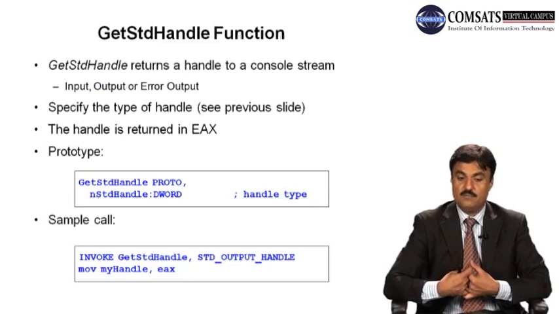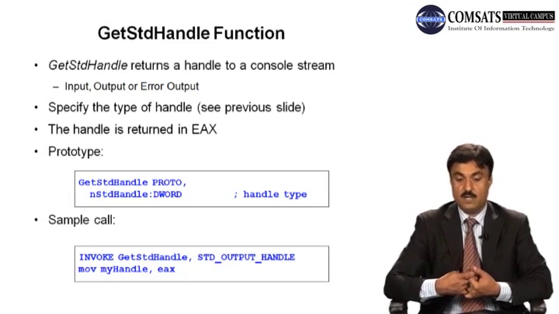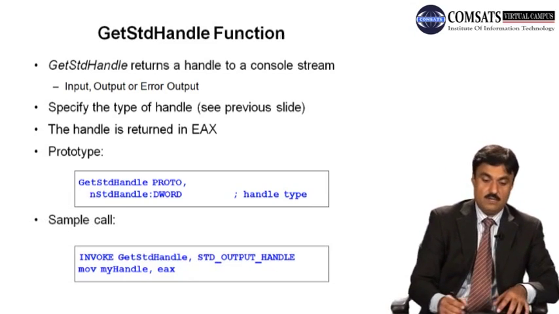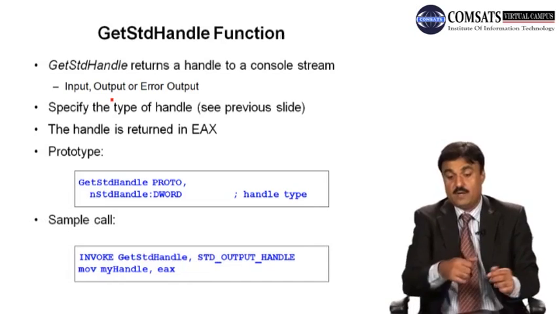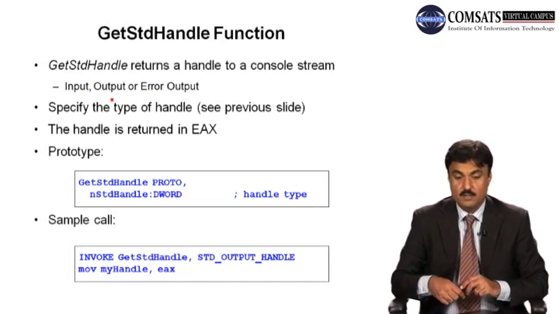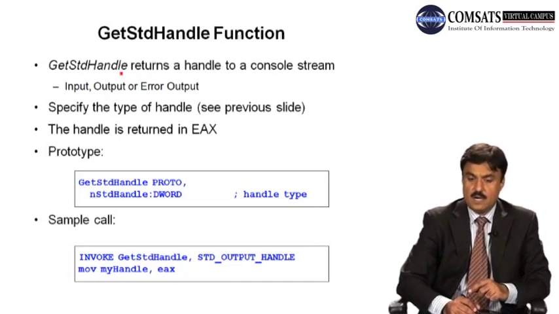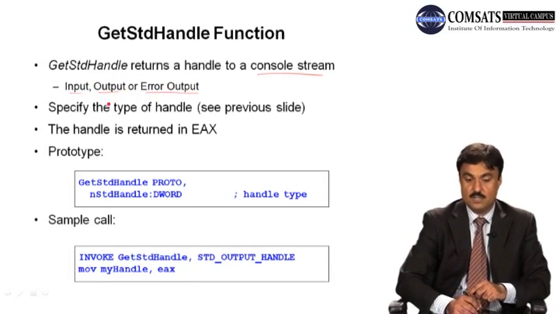For example, if I need the input handle or maybe the output handle, I will define here what type of handle I need. So GetStdHandle will return a handle to a console stream. It can be either the input, output, or error output handle and so on, and this will specify the type of handle.